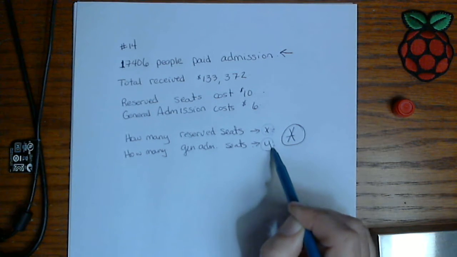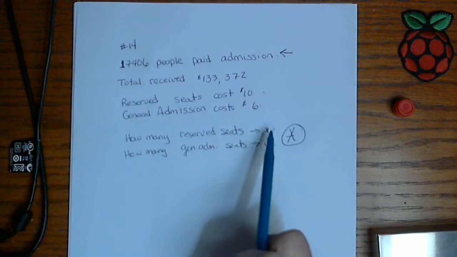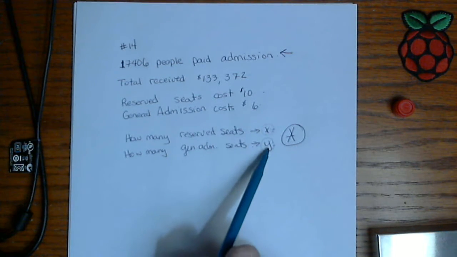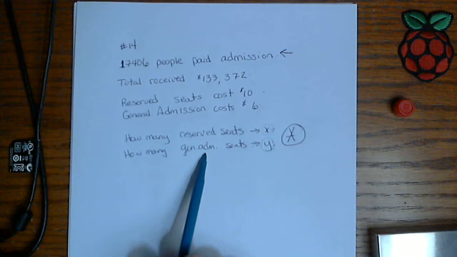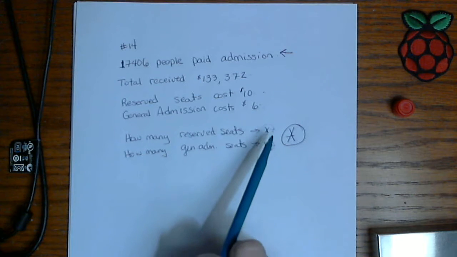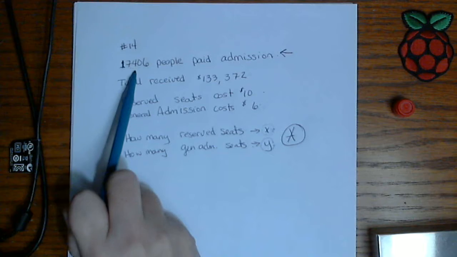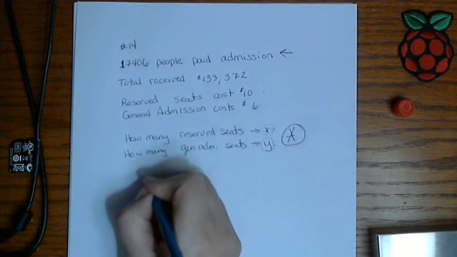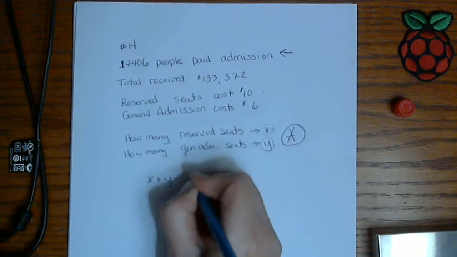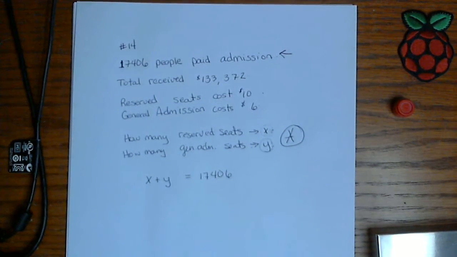That number is Y. But we know the total number of people was 17,406. So because X of them were reserved seats and Y of them were general admission seats, if I add X plus Y, the total has to be 17,406. So let's do that. X plus Y equals 17,406. Now we have one equation.